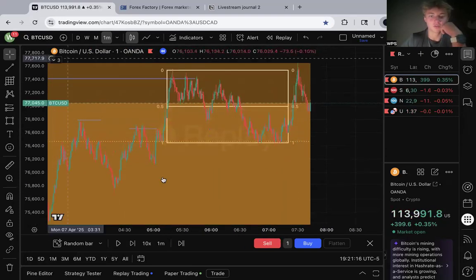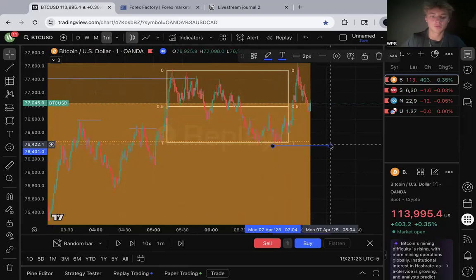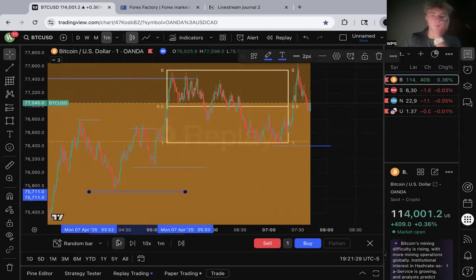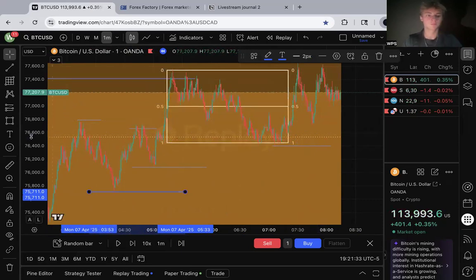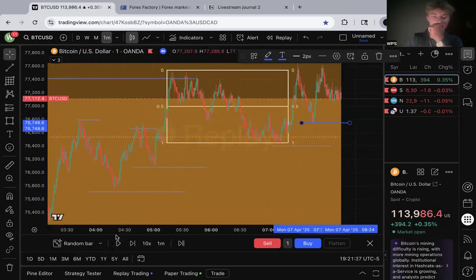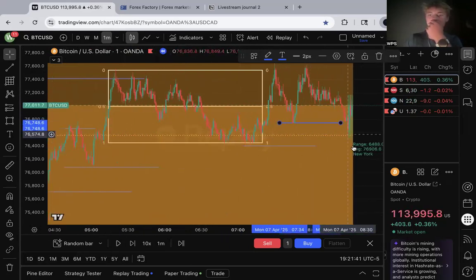So I'm looking at lows like this liquidity sweep right here where liquidity swept. So lows below here, liquidity lies below here, liquidity lies below here. Okay, this one gets taken out.